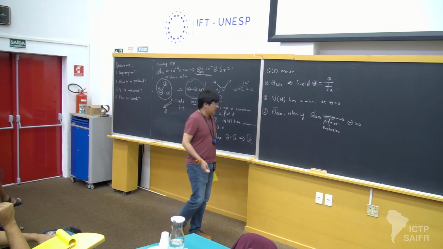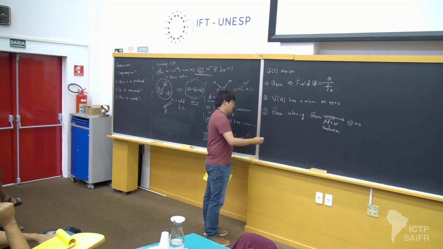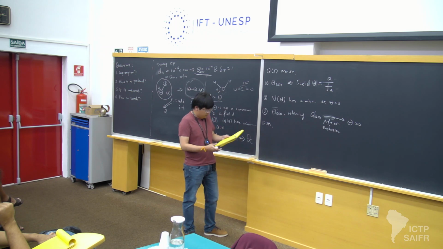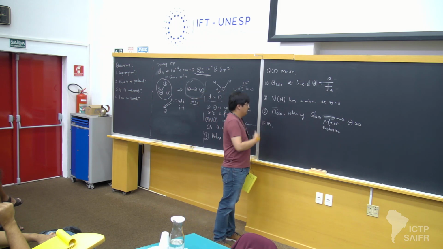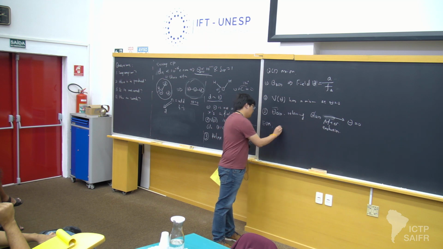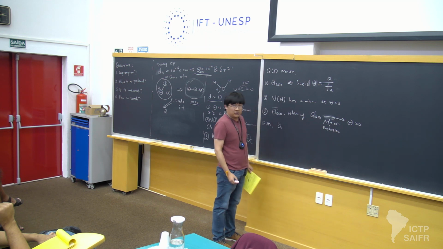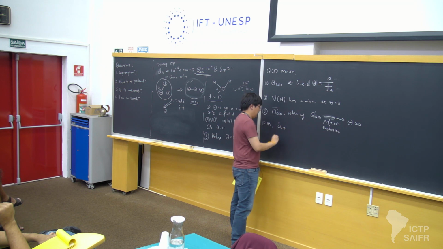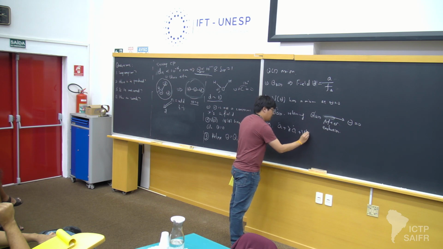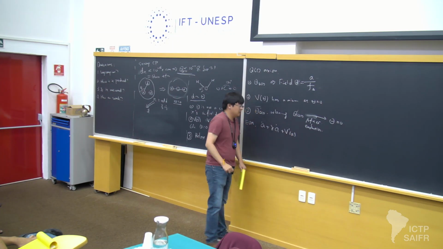So let's write down an oscillator equation, which is actually the equation of motion, which describes this angle as well. The equation of motion we can write down is some A double dot, plus some friction term times A dot, plus some derivative of a potential.